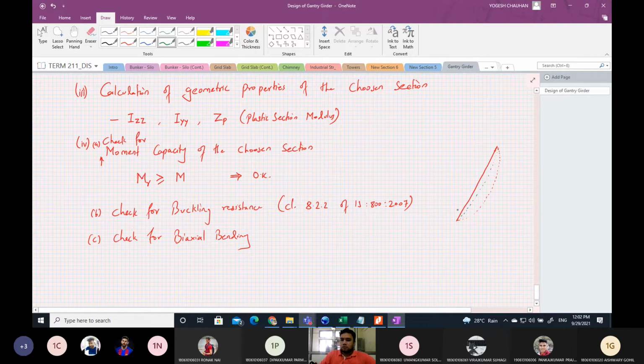So we have to perform the check for biaxial bending. Then check for shear capacity.